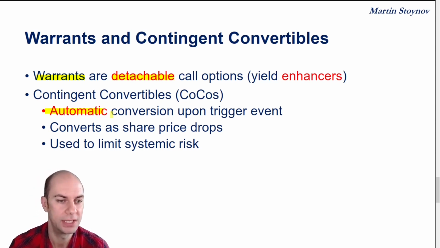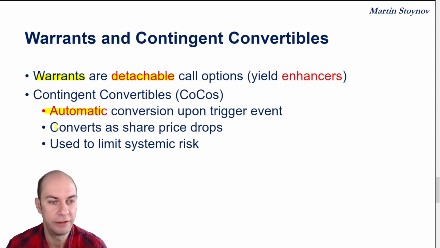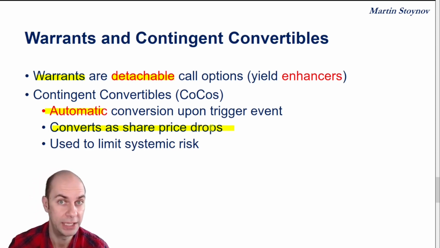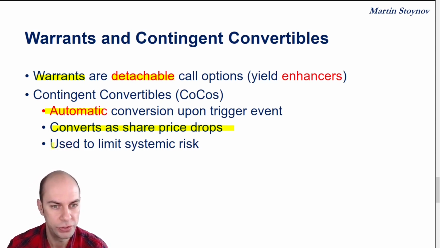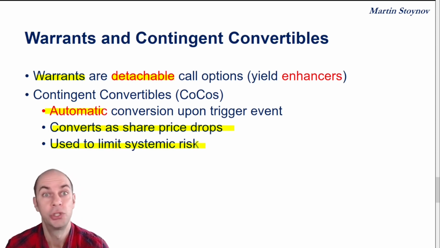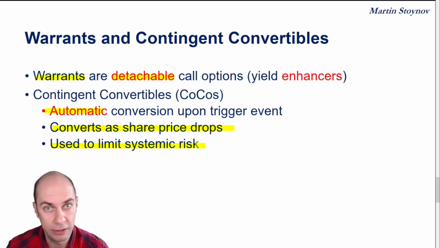So in other words, the contingent convertible is much more likely to convert as the share price drops, which is a bit ironic because your regular convertible bond is more likely to convert when share price increases. And why would you use contingent convertibles? As I said, they are issued by large, so-called too big to fail financial institutions.